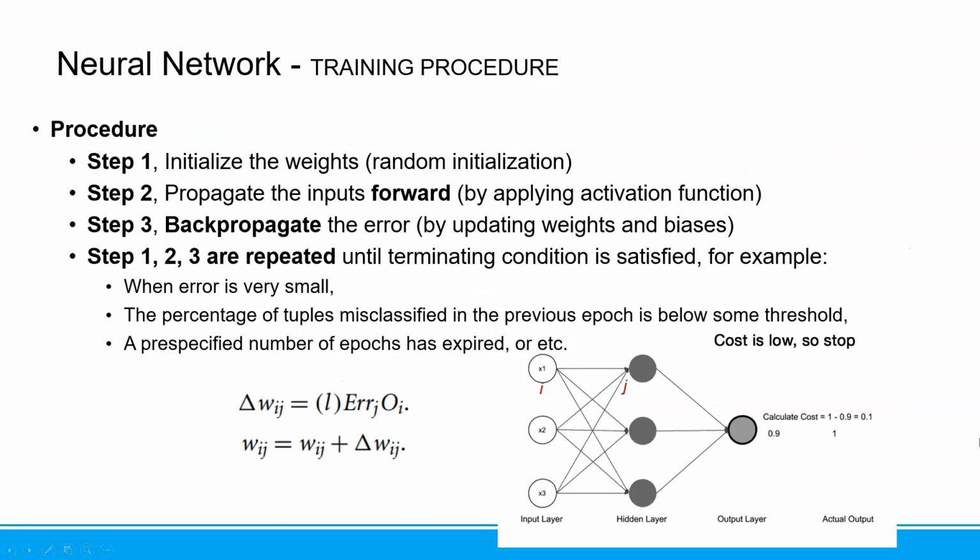So if the cost is already low or the error is already low, then we can stop. So steps 1, 2, 3 are repeated until the terminating condition is satisfied.